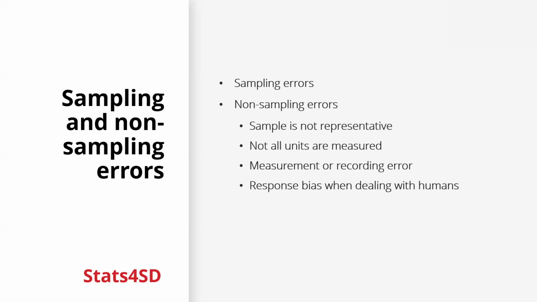And when dealing with humans, response bias is a source of non-sampling errors. It happens when a number of different social conditions or factors may lead respondents to provide inaccurate or false answers during surveys, looking more to what is desirable in their answer than to what is sincere. Let's think about questions about drug use or sexual habits or cheating on exams, for example.